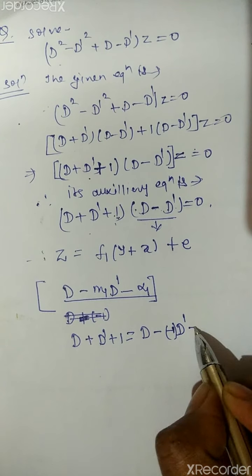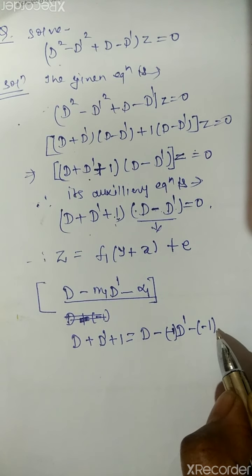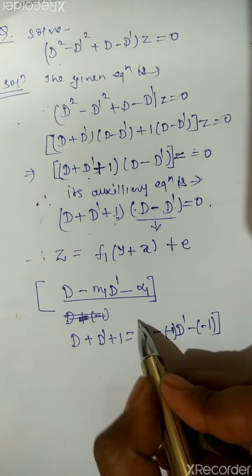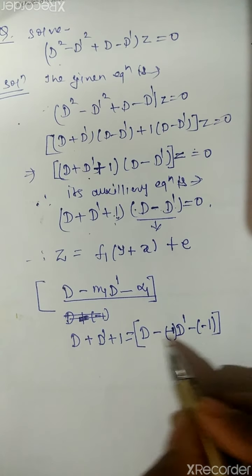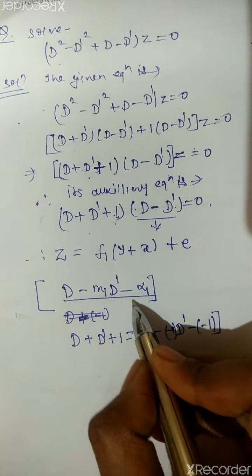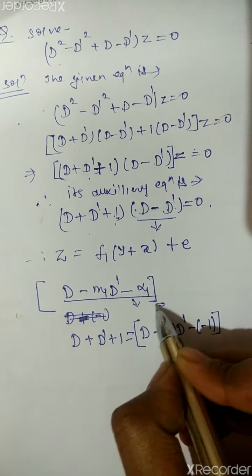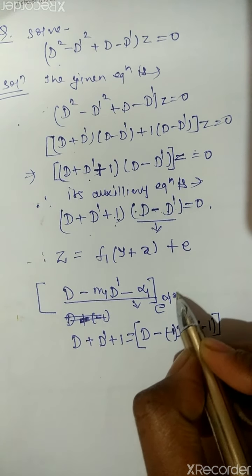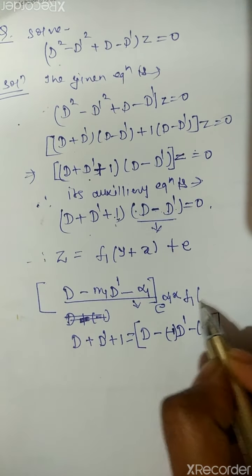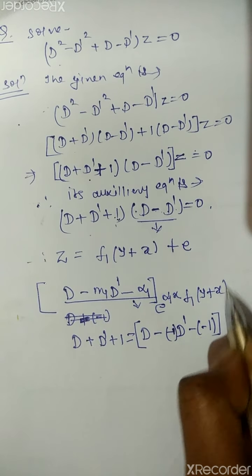So we will write minus of minus 1. Fine. So this is the case. So what we write for the solution of this function is e to the power alpha 1x, and then we will write f1 y plus x.